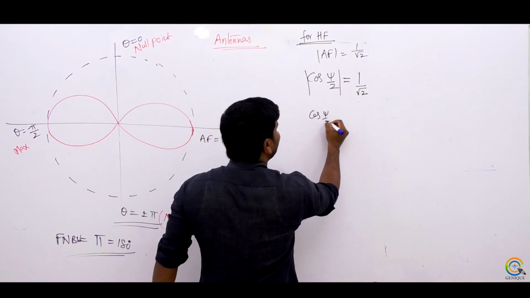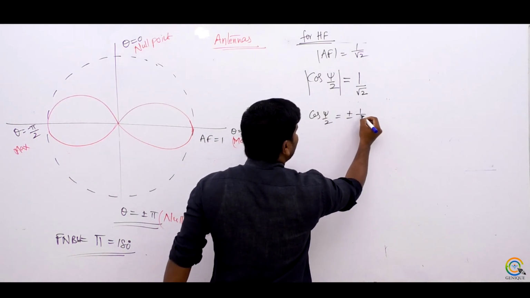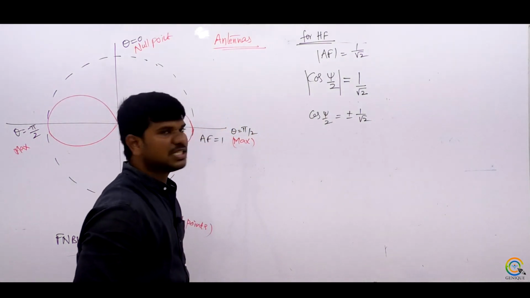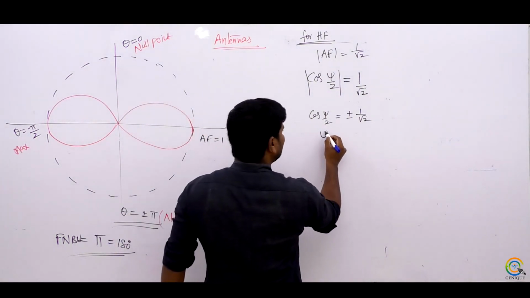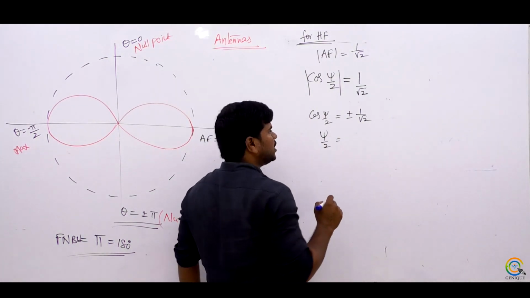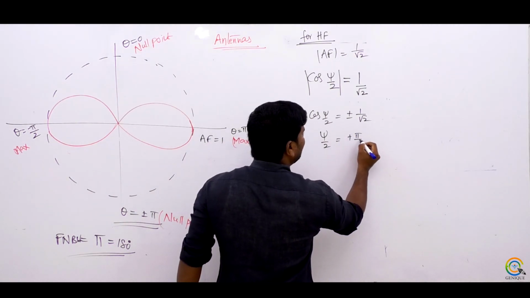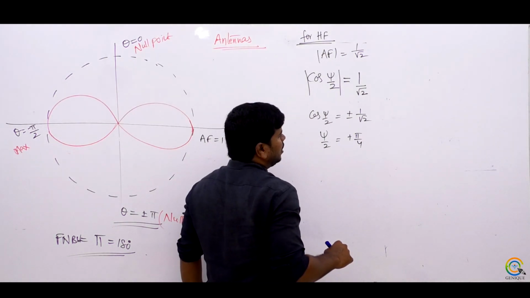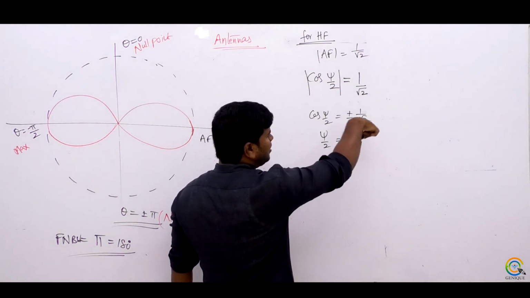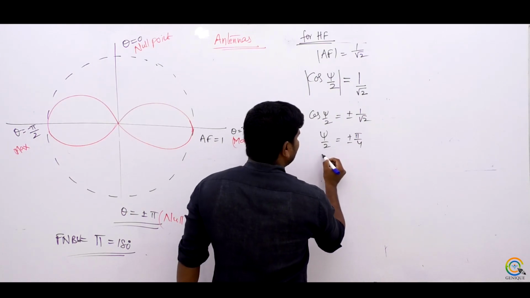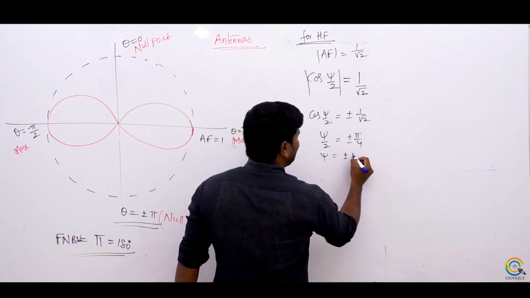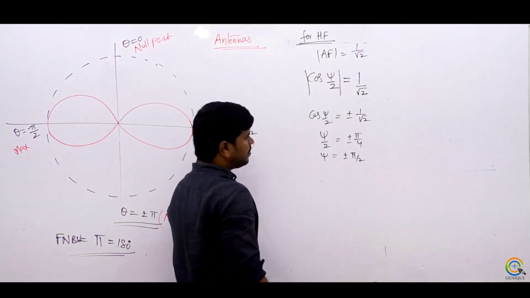So if you find the theta values here, this is equivalent to cos of psi by 2 equals plus or minus 1 by root 2. So psi by 2 equals, we can write plus 1 by root 2 is plus pi by 4, and plus or minus pi by 4 you can simply write. So from this psi equals plus or minus pi by 2. Already we know for broadside array, pi cos theta equals psi. So pi cos theta equals plus or minus pi by 2.